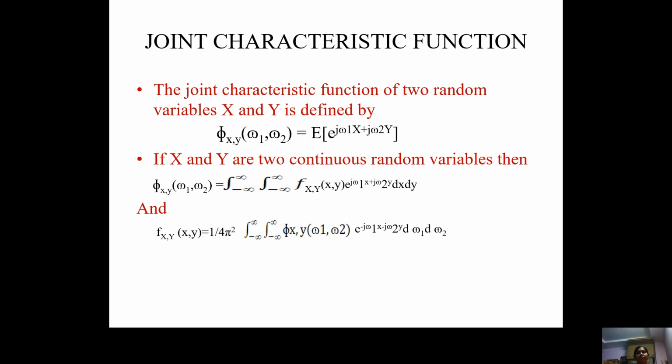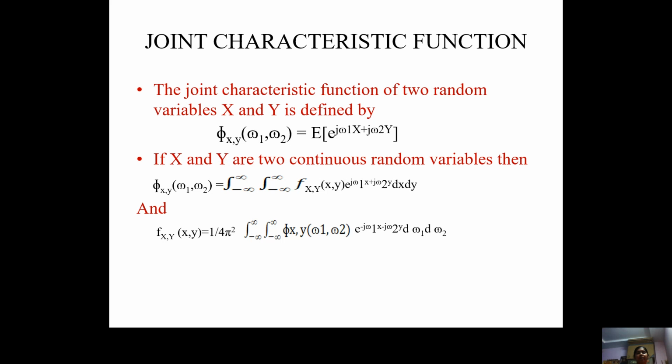Next, coming to the topic of joint characteristic function. The joint characteristic function of two random variables x and y is defined by the expression phi of xy of omega 1 omega 2 equals expectation of e power j omega 1 x plus j omega 2 y. If x and y are continuous random variables, then phi of xy of omega 1 omega 2 equals the double integral from minus infinity to infinity of fxy of x y into e power j omega 1 x plus j omega 2 y dx dy.